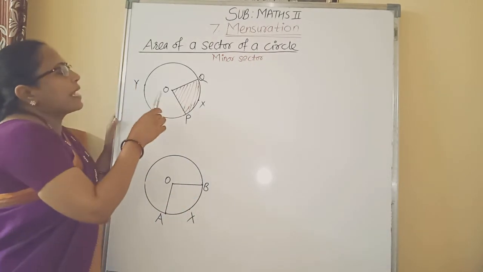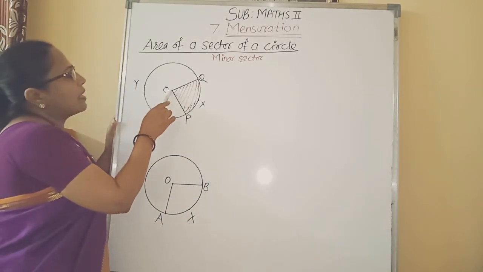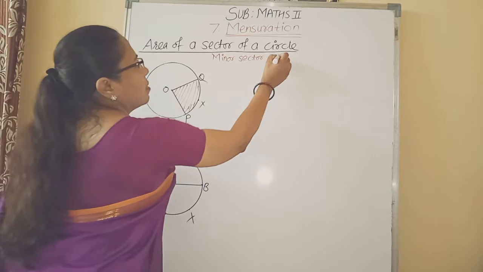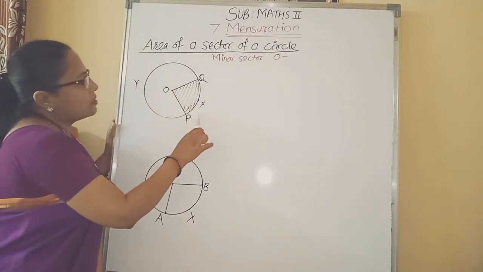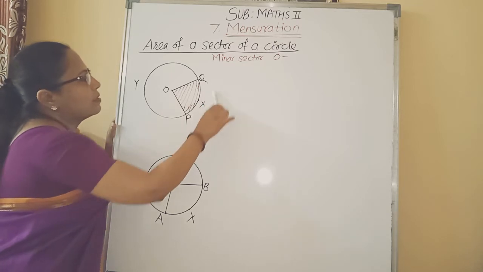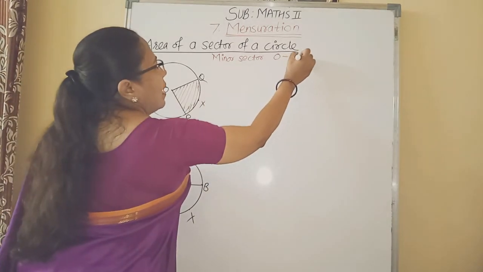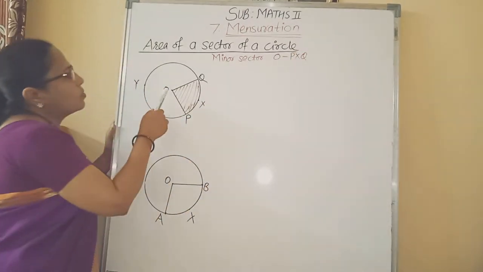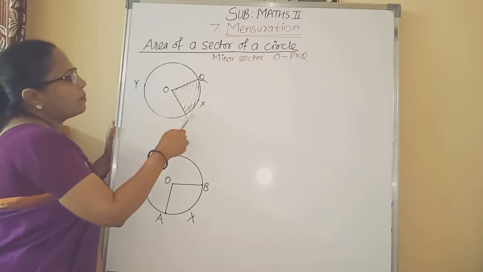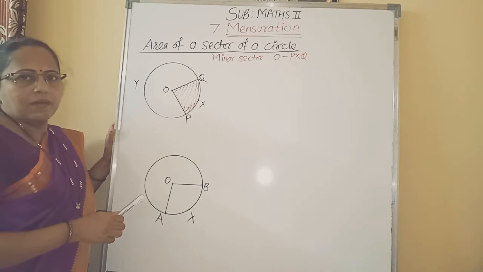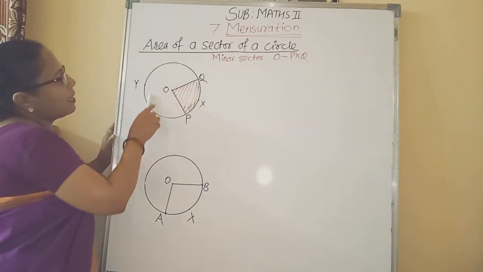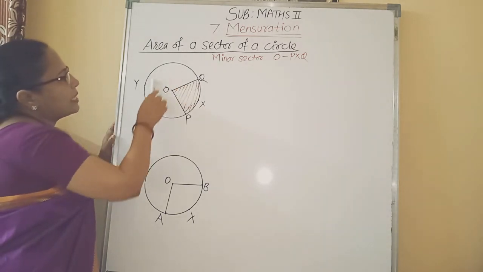So name of the sector we can write. First write down the name of center O, then give dash and then write down this name of arc PXQ. So O dash PXQ is the minor sector and this remaining portion is major sector.